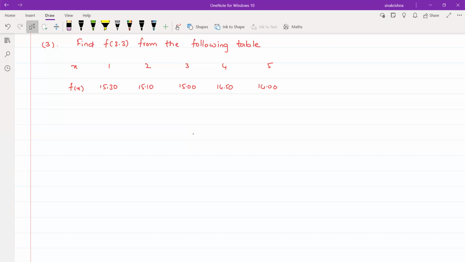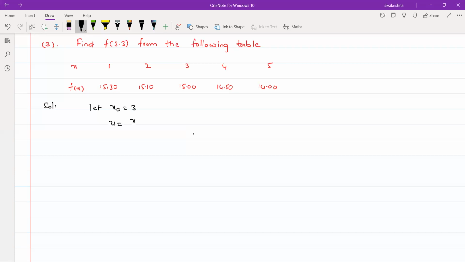Since 3.3 lies between 3 and 4, 3 is the left side of 3.3 and 4 is the right side. So here I am writing that x naught is equal to 3.